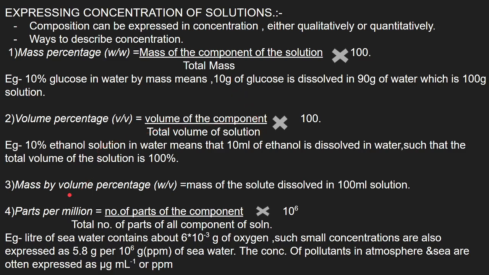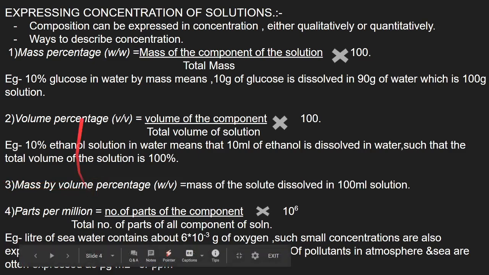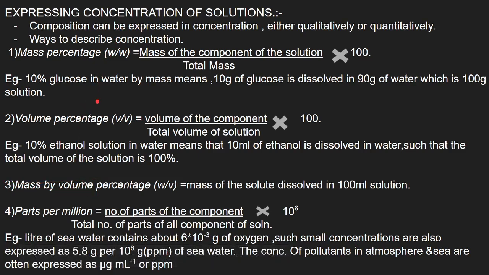Then the third is mass by volume percentage, W by V. We already studied that mass is denoted by W, and volume by V. So here we are combining these two together. W by V is equal to the mass of the solute dissolved in 100 ml of solution.